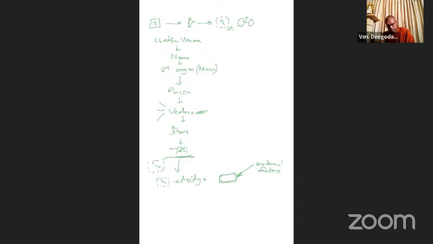Because of the external factors, maybe TV advertisements, the influence of peers, neighbors, or brothers or sisters, or whatever the factors are, this basic shape of avidya changes into the shape of a bicycle. So this is an analogy. This piece of clay is now changed into the shape of a bicycle.